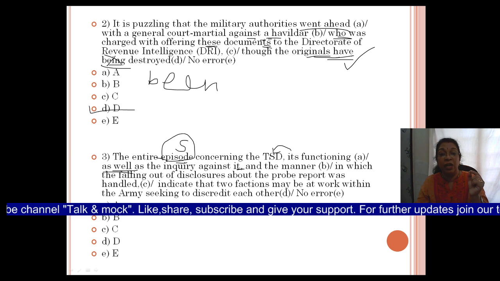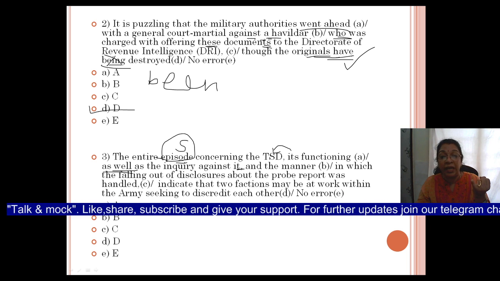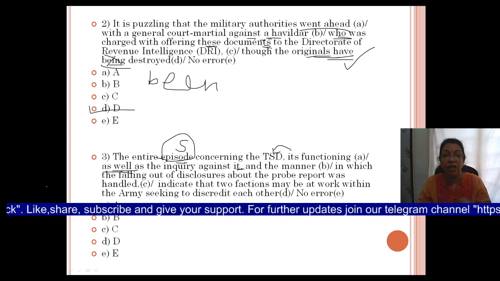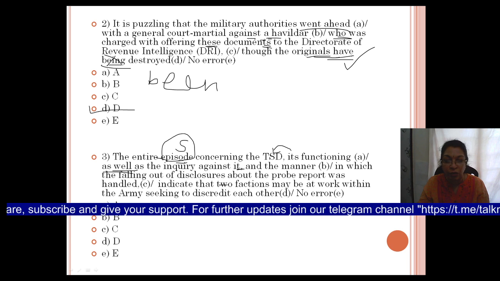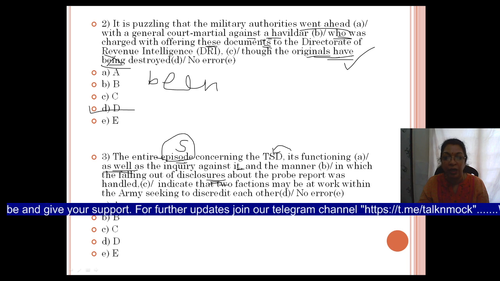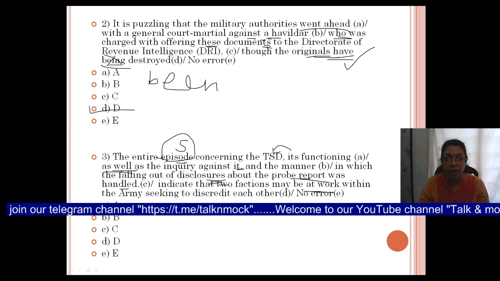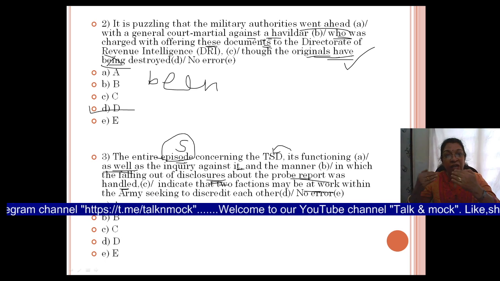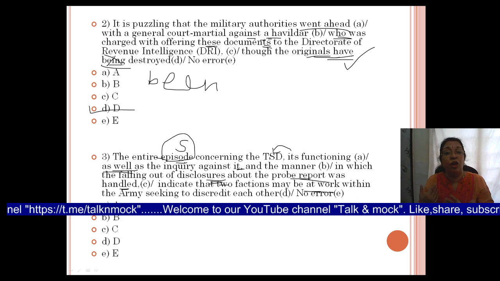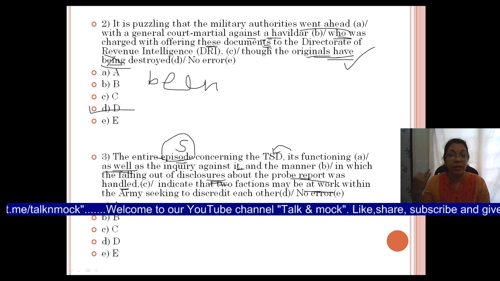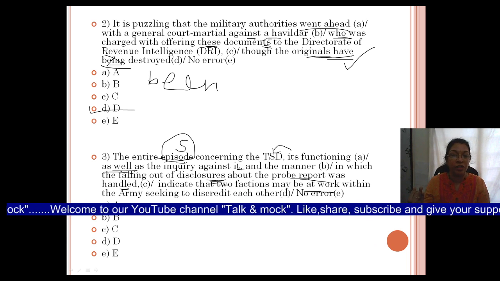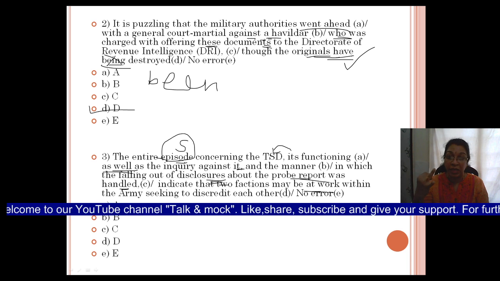After as well as, you have the inquiry and the manner in which the falling out of disclosures, this is plural, about the probe report was handled. So after as well as, we are connecting so many nouns: the inquiry, the manner in which the falling out of disclosures about the probe report was handled.